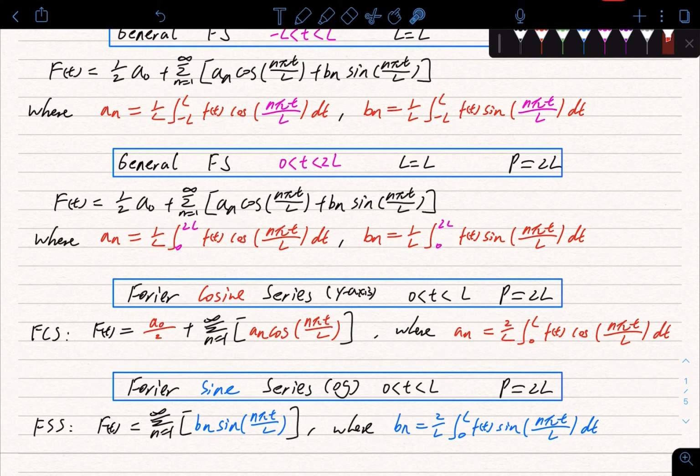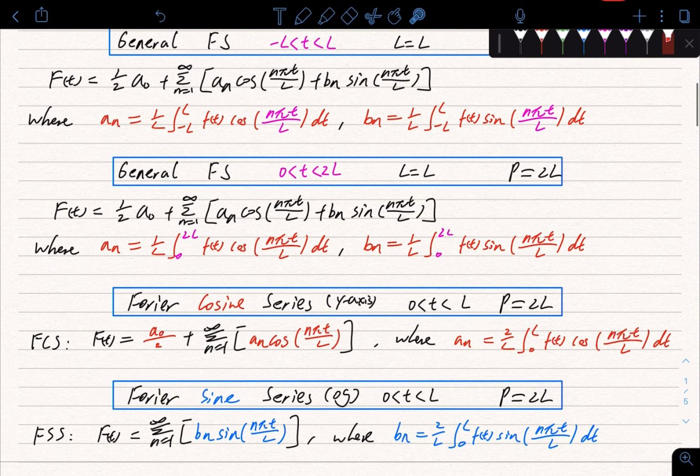What's interesting about these two is that if a function is an even function, that means the graph of the function is symmetrical with respect to the y-axis. For example, y equals t squared, or cosine t. These fall into the even function category.